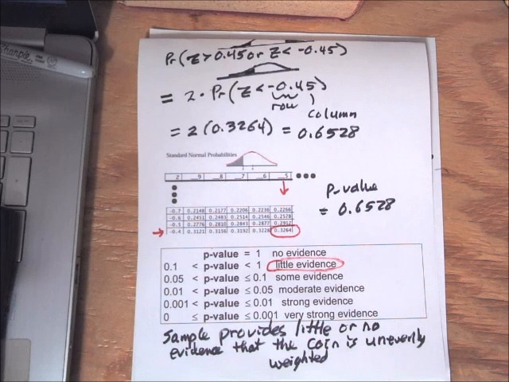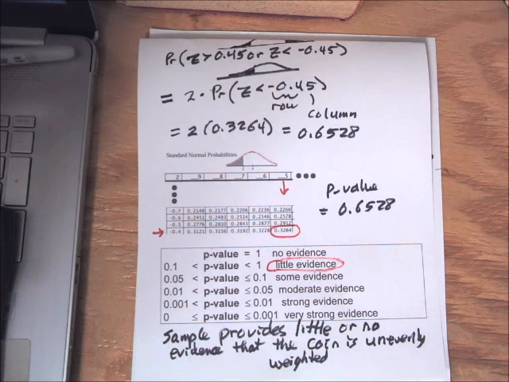Even if it's just a little bit unevenly weighted, maybe just a slightly bigger chance of heads than tails, it is still unevenly weighted. And that concludes this presentation.